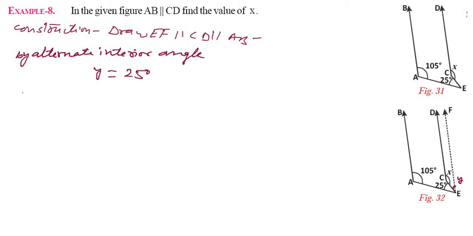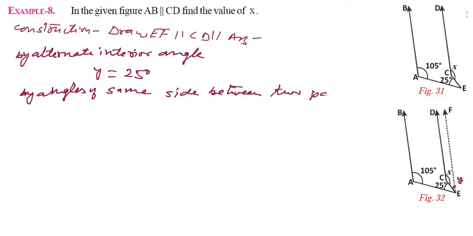Okay. Now by angles of same side between two parallel lines, the angle sum is 180 degree. So you can say X plus Y is equal to 180 degree.